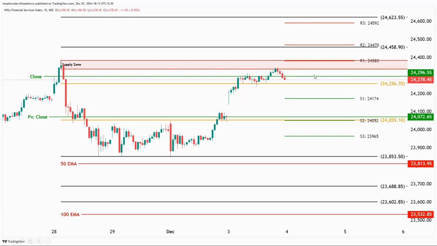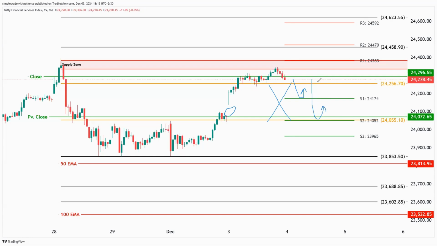And again, if you take a look at this, you could probably avoid this area because this could be a possible pullback zone, or with this gap involved, this could be a possible pullback zone from S2.